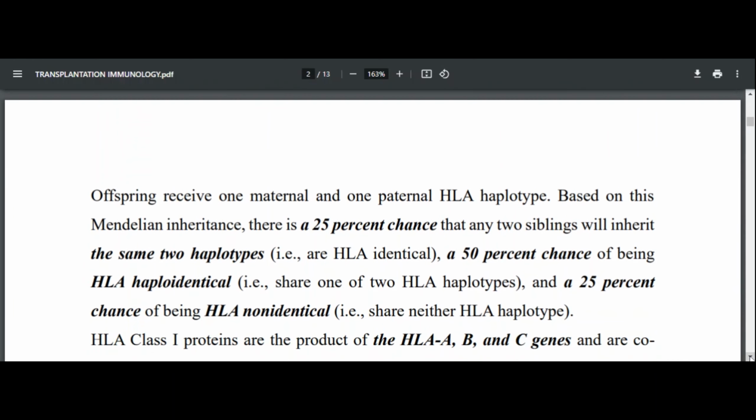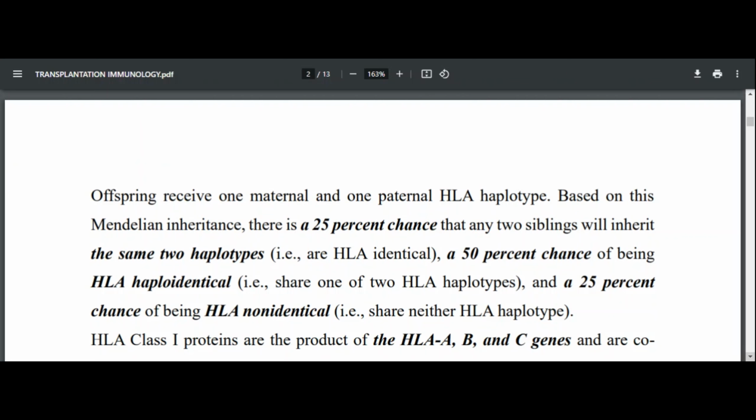Offspring receive one maternal and one paternal HLA haplotype, and based on this Mendelian inheritance, there is a 25% chance for any 2 siblings to inherit the same 2 haplotypes, so they will be HLA identical. There is a 50% chance of being HLA haploidentical, which means they share one haplotype from the parents, right?